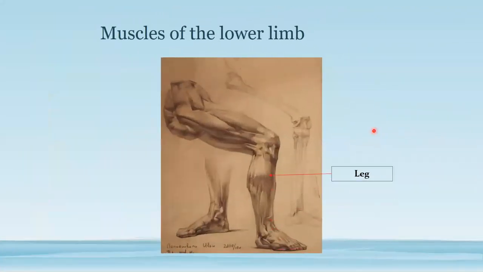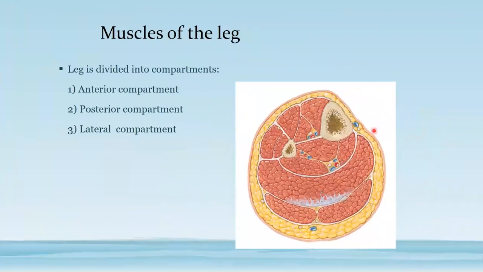Now we go to the muscles of the leg. For the muscles of the leg, we also have three compartments: anterior, posterior, and lateral. The difference between the compartments of the leg and the thigh is whether it has a medial or lateral compartment. Both have anterior and posterior compartments, but the leg has a lateral compartment, while the thigh has a medial compartment.